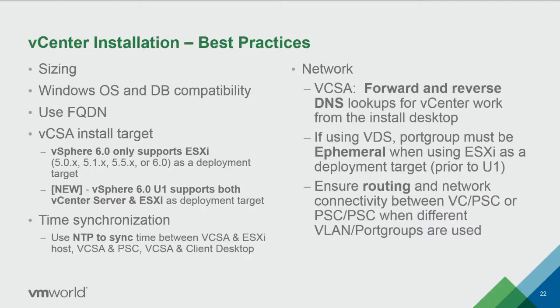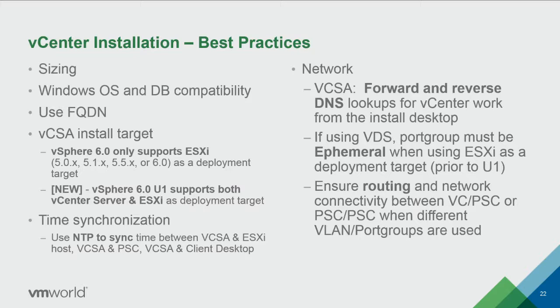From a network standpoint, as I mentioned earlier, we need to have forward and reverse DNS lookups working. You need to make sure that your VDS port group is ephemeral when you're using ESXi as a deployment target. Prior to U1, you need an ephemeral port group for this to work.